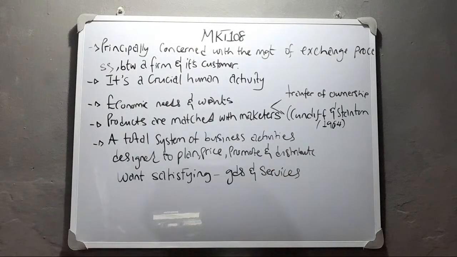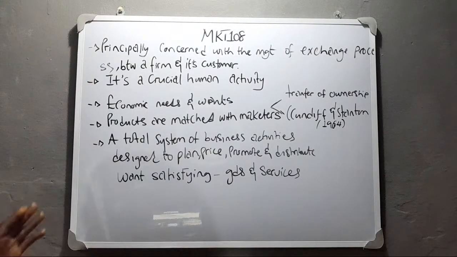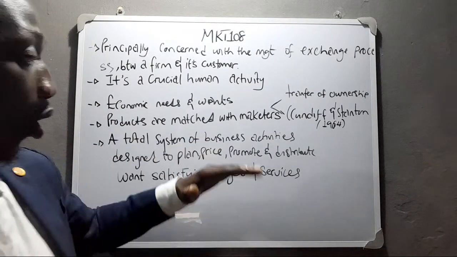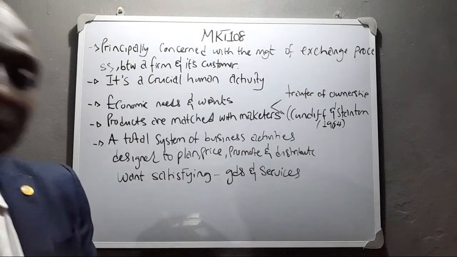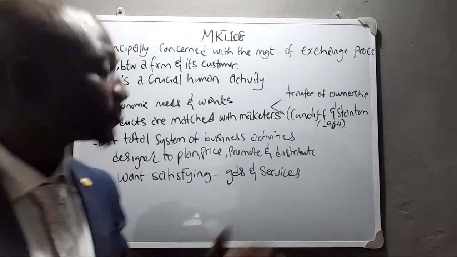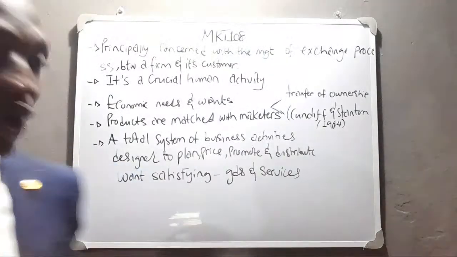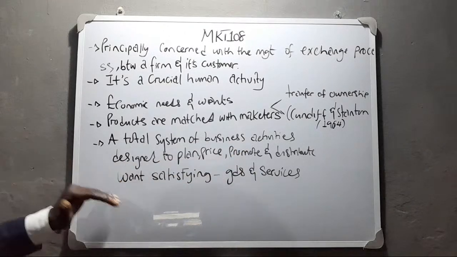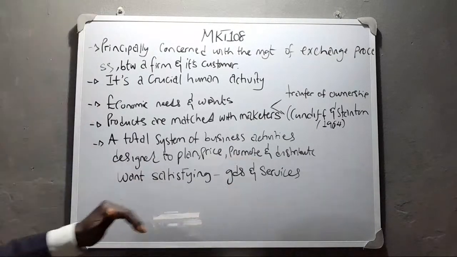Now let's look at the process at which all these things are happening. A total system, a comprehensive system of business activities, designed to plan, price, promote, and distribute. You plan, that's the production process. You talk about the pricing, then you promote, letting people know what you have and what you can do. Then you start to distribute. And you don't just plan, price, promote, and distribute a product that is not want satisfying. It is a product that is want satisfying.